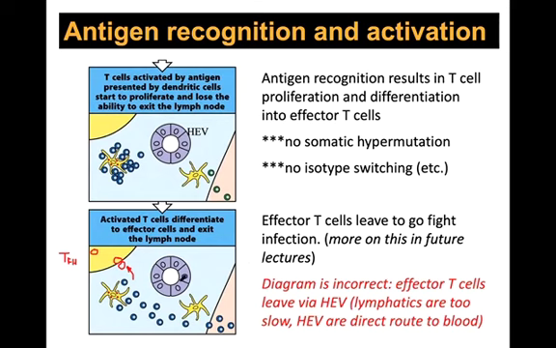So if we're just talking about CD8 T cells, yeah, great. Everybody leaves. They're actually leaving through the high endothelial venules. But when we talk about CD4 cells, some of them are going this way too. Okay, and we'll get into that in the next lecture where we talk about what CD8 T cells are going to do and what CD4 T cells are going to do.